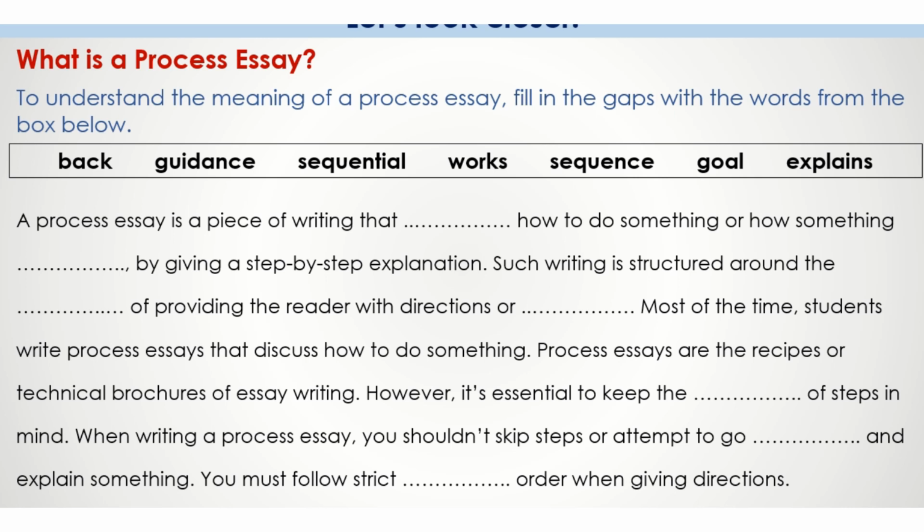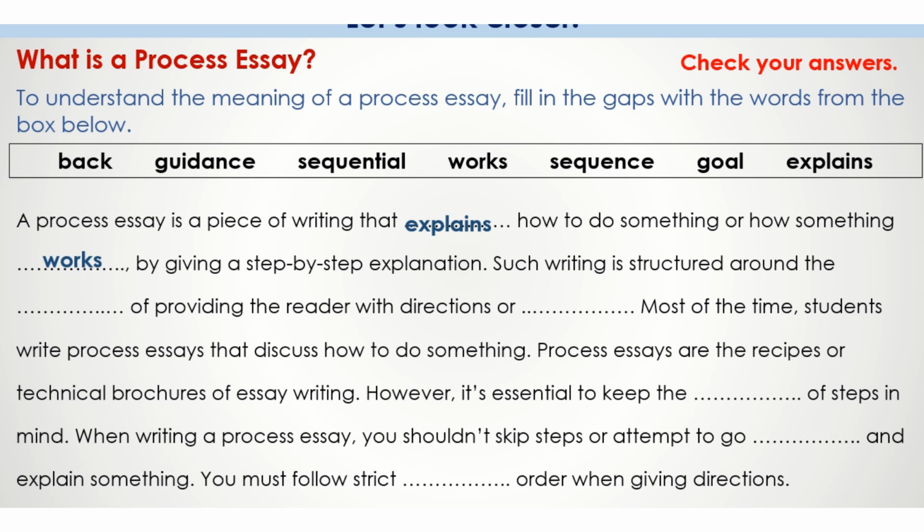Okay, think about it. What are the missing words here? Let's check. A process essay is a piece of writing that explains, that tells you how to do something or how something works by giving a step-by-step explanation.